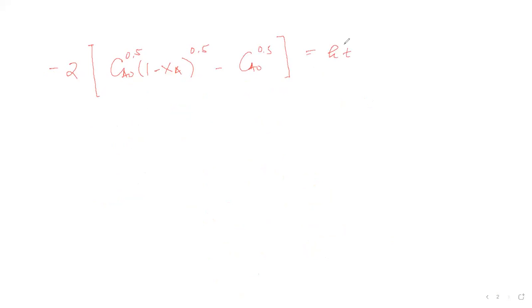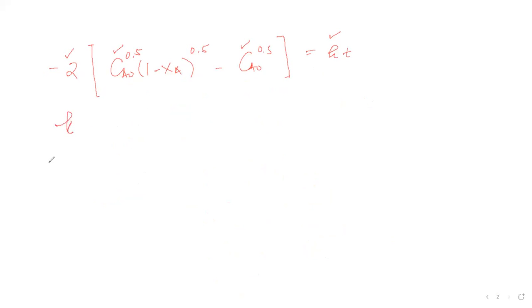kt. Now, since we know that this k and this CA0 can be factored out, these are all constants. So we may as well have them written on one side of the equation, because when we speak of this same reaction, the combination of these products or divisions will be the same. So I will write this k here on the left side.